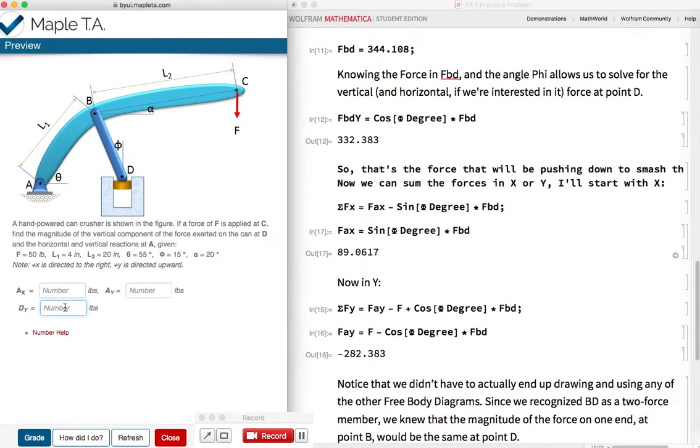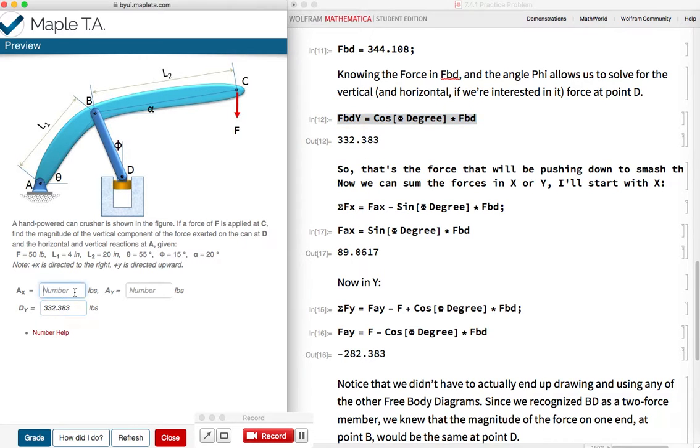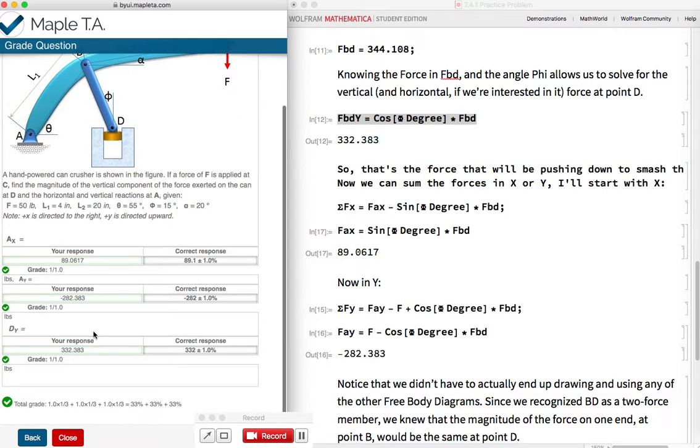So at D in the Y direction, 332.383, what we found up here, if you remember. And then at A in the X direction, 89.0617. And A in the Y direction, negative 282.383. And let's check it. Hey, there you go.